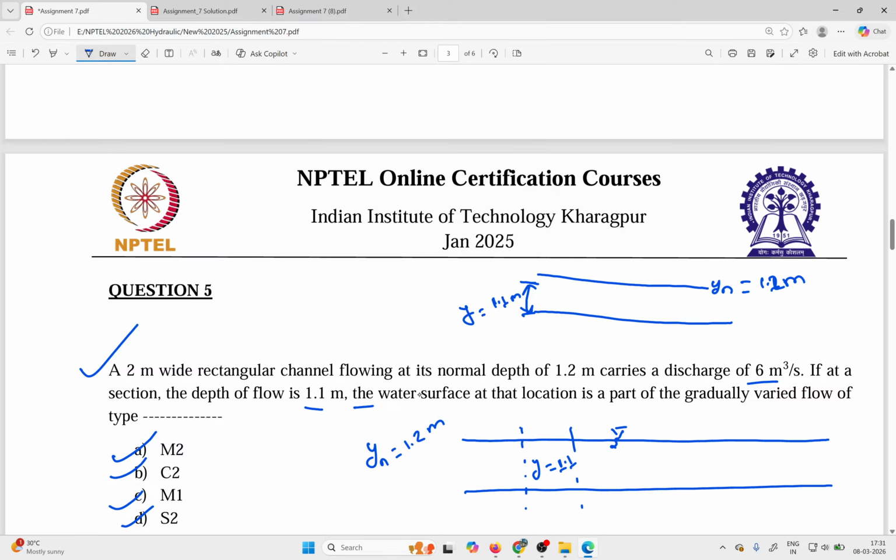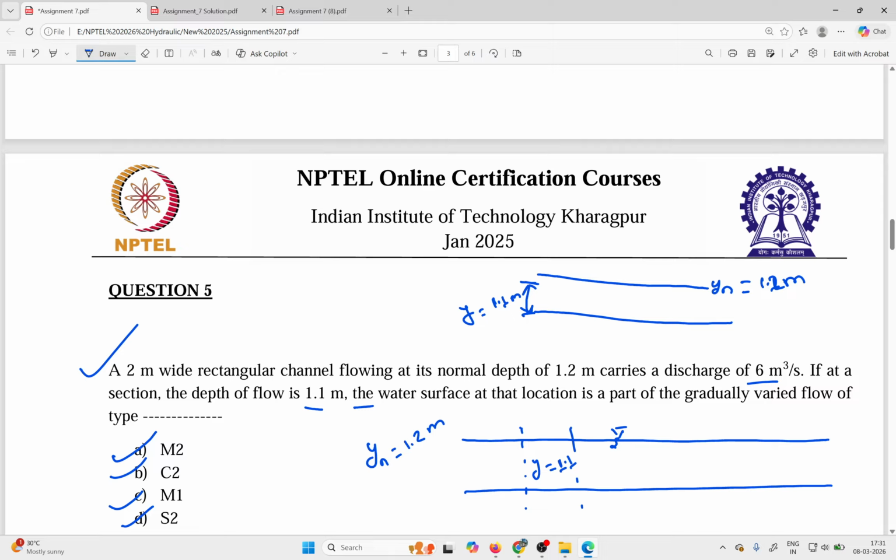Then you have to tell the gradually varied profile. So how will we calculate? Using these two depth data, we are not able to predict which profile will be occurring here.